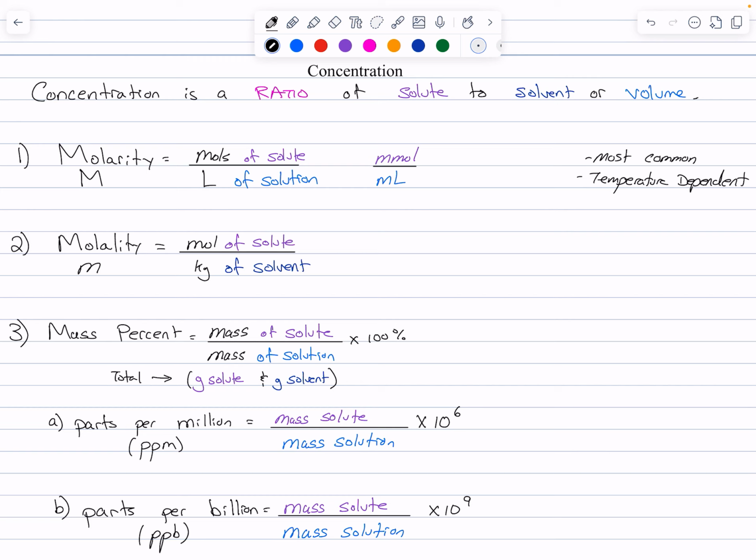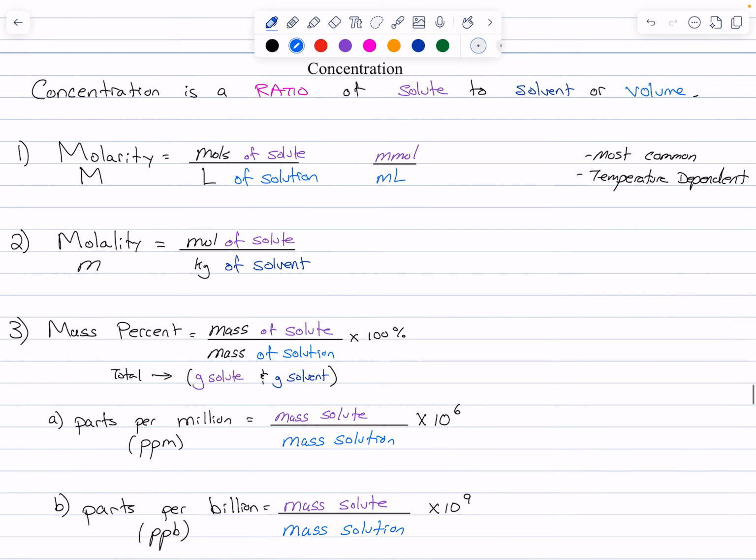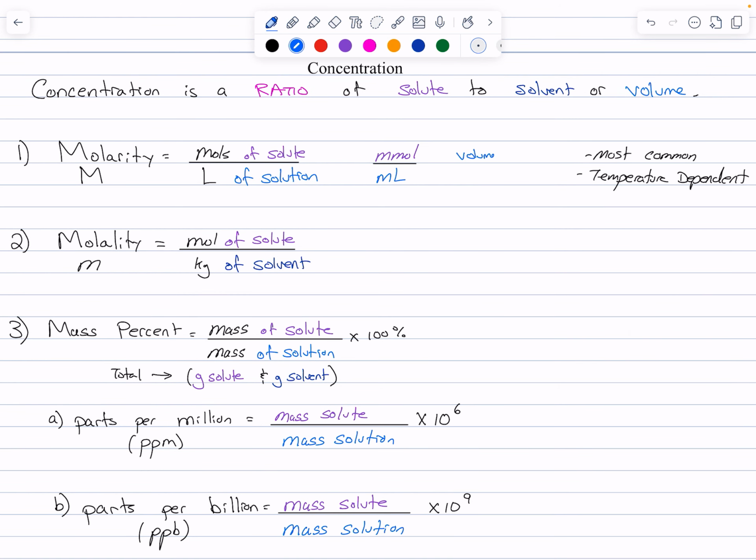We like that. So we have an amount of volume times a molarity, we get moles. And because reactions happen in moles, it's nice.